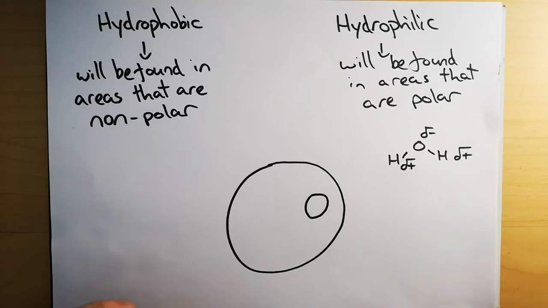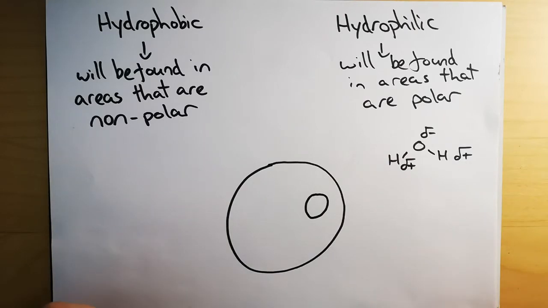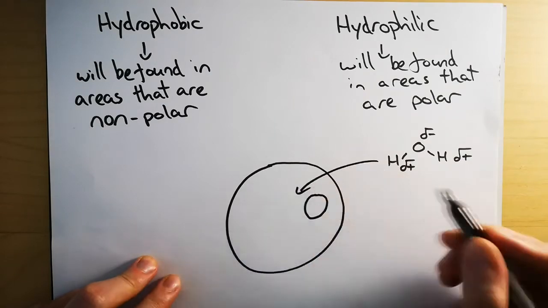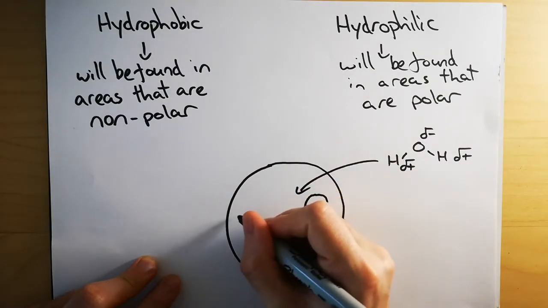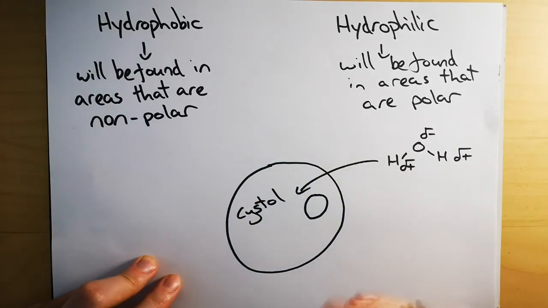However, if you've got this image in your head, we can certainly work with this. So this water molecule makes up most of what you would have called the cytoplasm before, and very specifically we call this the cytosol.